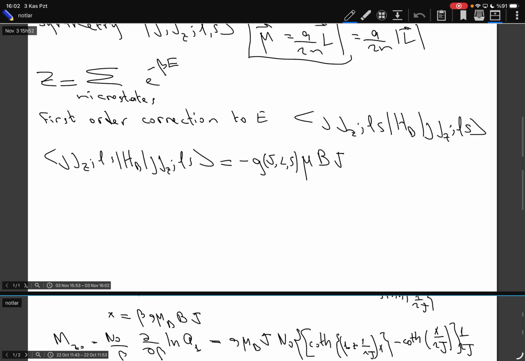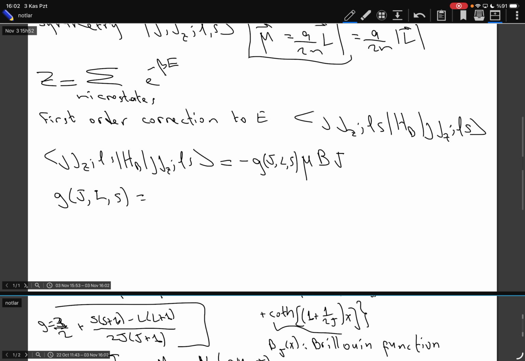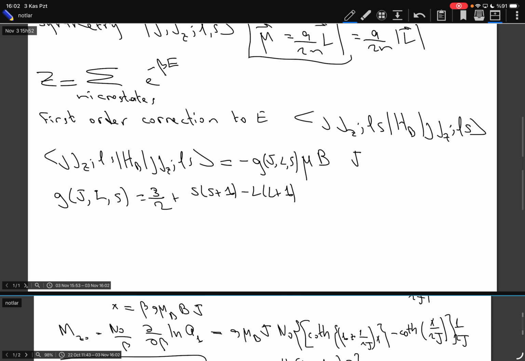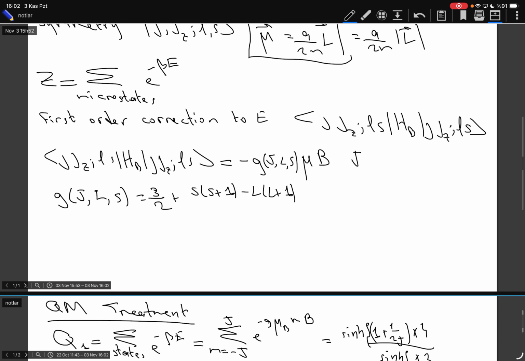This g is given by 3/2 plus S times S plus 1 minus L times L plus 1, divided by J times J plus 1.